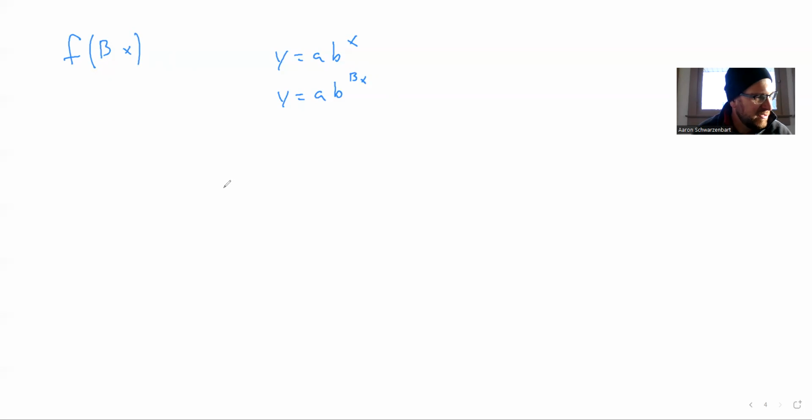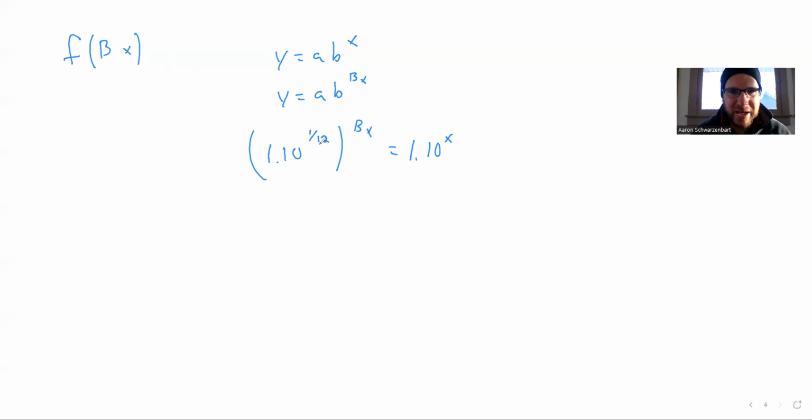So my example here is we're going to go ahead and show that 1.10 to the 1/12th power, to the Bx, is simply equal to 1.10 to the x. Okay?